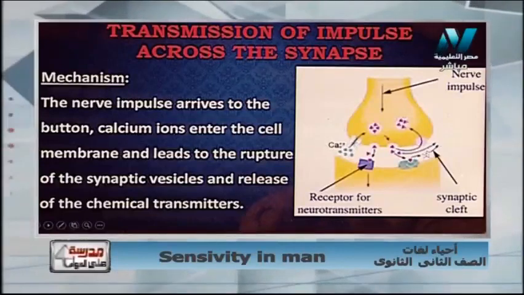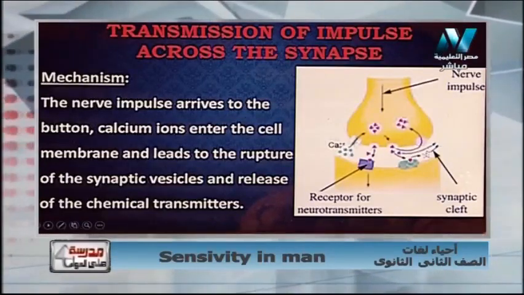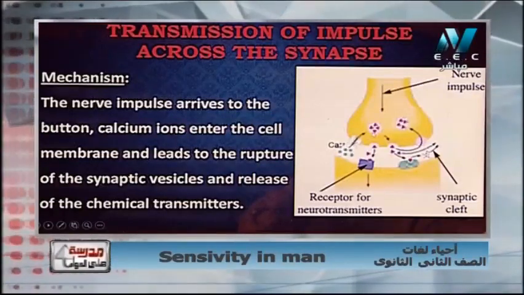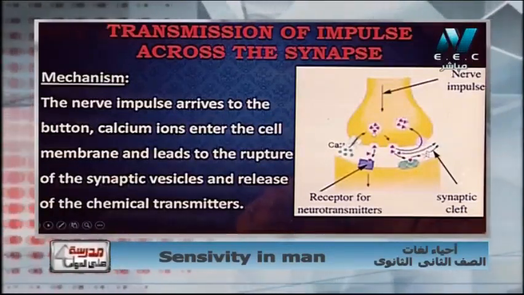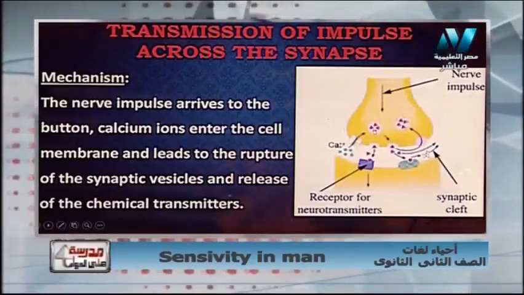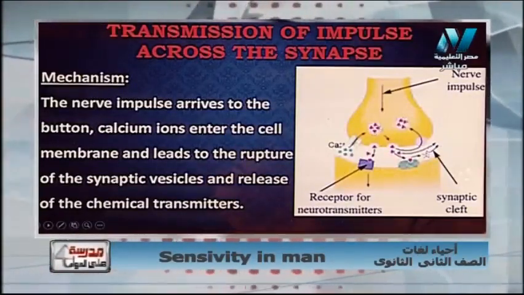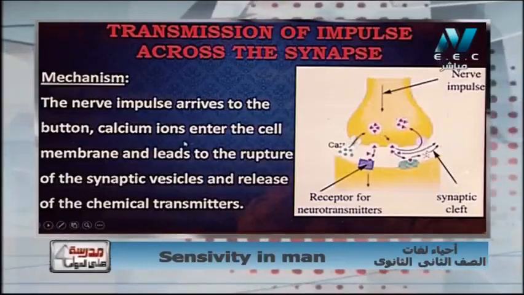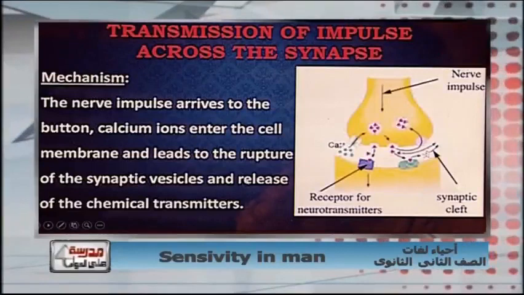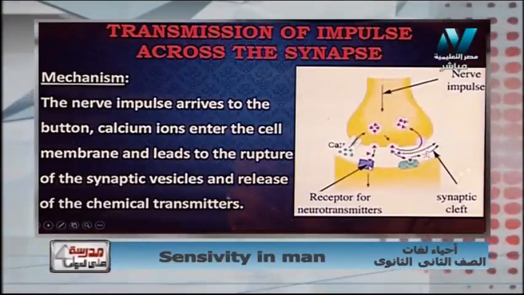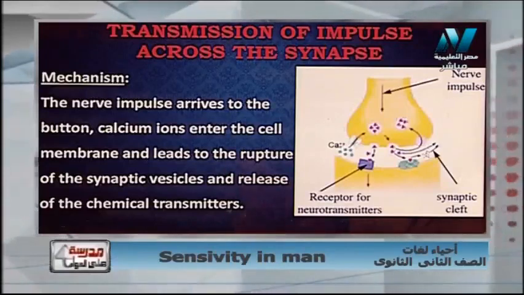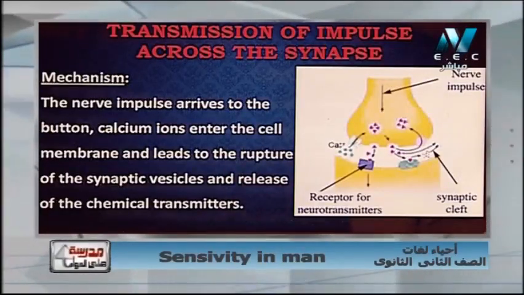These are the calcium ions present in the synaptic cleft. They enter the presynaptic membrane and rupture the vesicles' membrane. And this releases the neurotransmitters outside of the synaptic node.